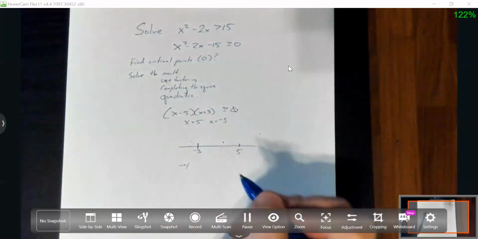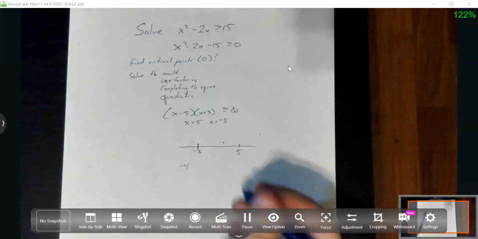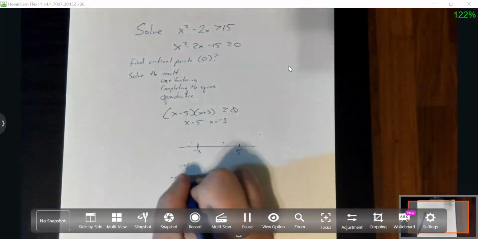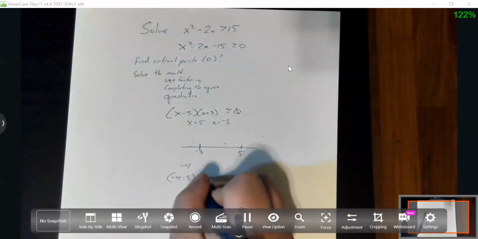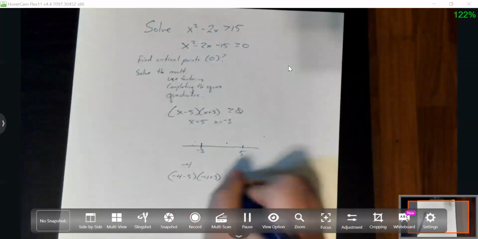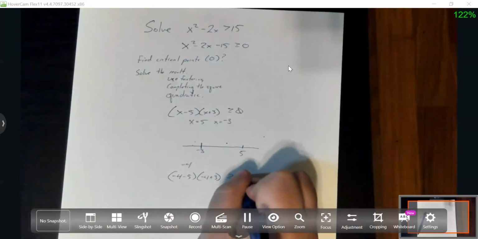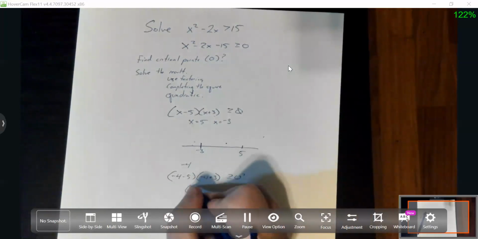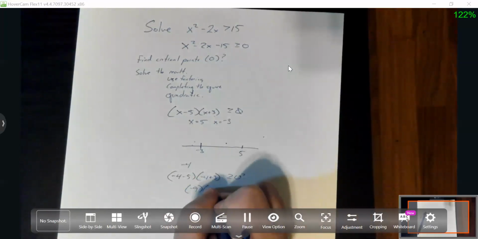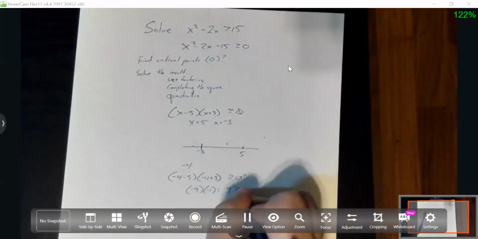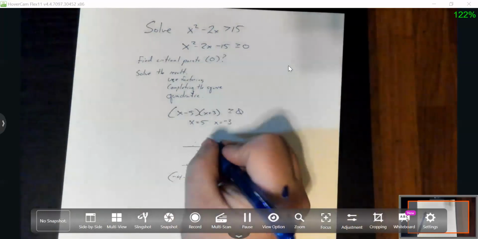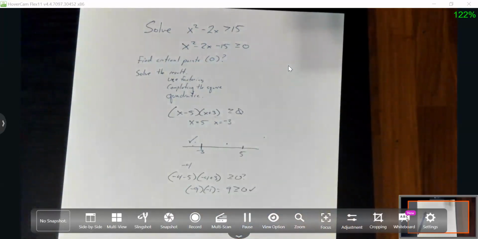I'm going to try out -4, and I'm going to plug it into our formula and see if it's true. So that'd be -4 minus 5 times -4 plus 3. And we're saying, is this greater than or equal to 0? So that's -9 times -1 is 9. 9 is greater than 0? Yes. So it worked over there in that region.